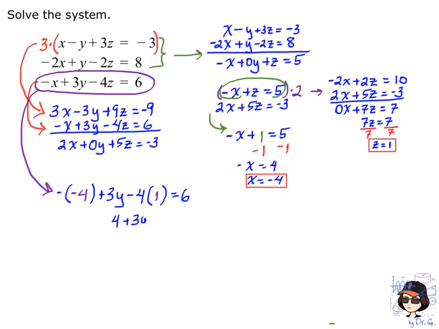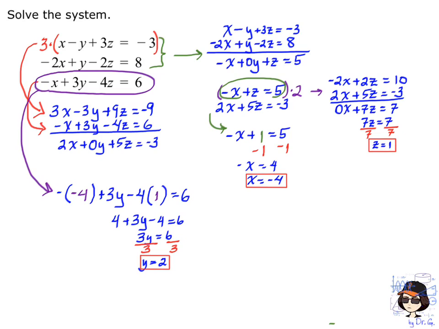I get positive 4 plus 3y minus 4 equals 6. Positive 4 minus 4 is nothing, so that's really just 3y equals 6. Divide by 3 on both sides, and I get y equals 2. So there's my solution: x equals negative 4, y equals 2, and z equals 1.